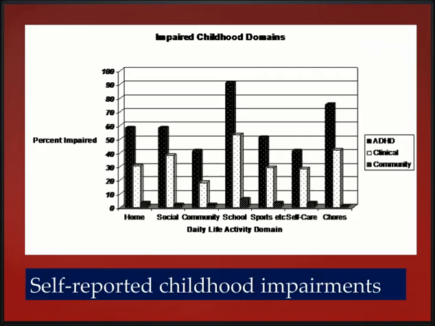Although the clinical control group was also impaired, it did not report being impaired as often, that is, in as many individuals in the group, as was the percentage of ADHD adults who reported being impaired in these various domains. So obviously, adult ADHD is a quite impairing disorder, whether we look at current domains of impairment or at retrospectively recalled functioning in areas of childhood impairments.